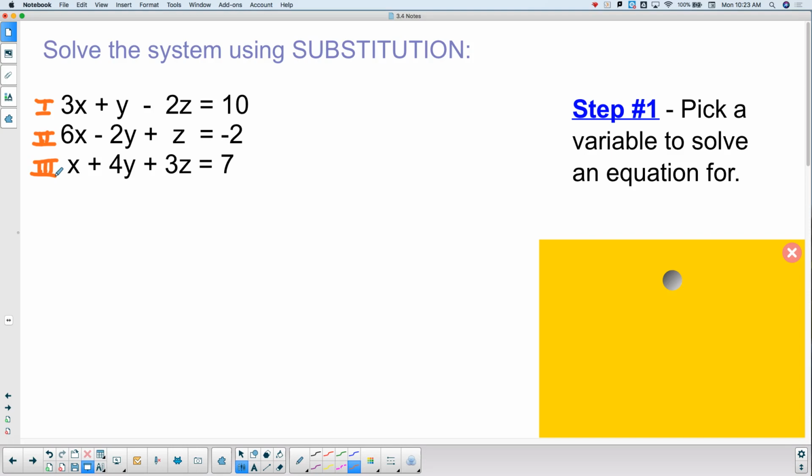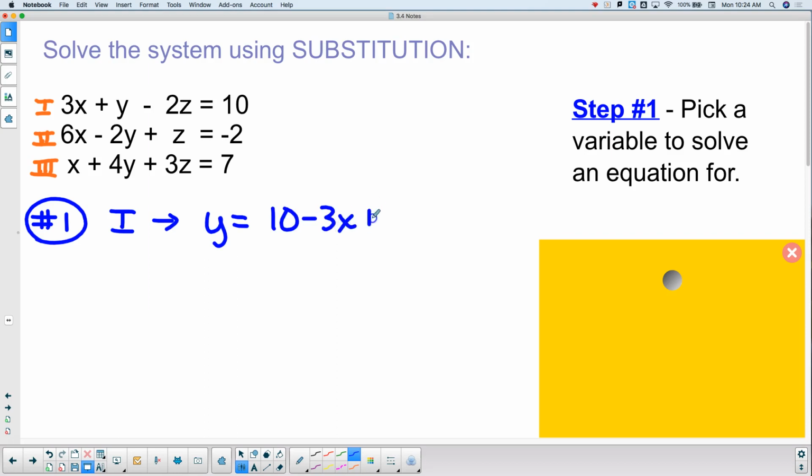Okay? So if I'm going to solve equation number 1 for Y then, correct? Okay? So step number 1 says, from equation number 1, I'm going to have Y equals 10 minus 3x plus 2z.